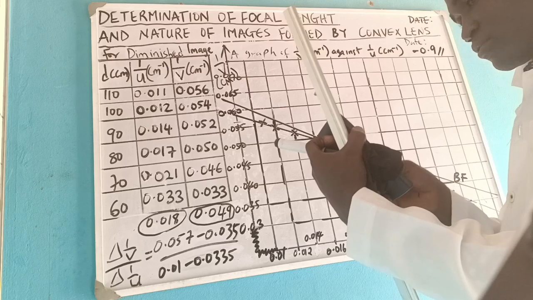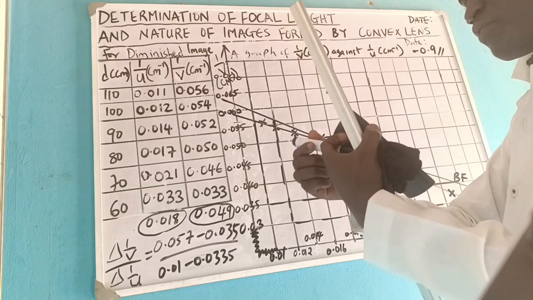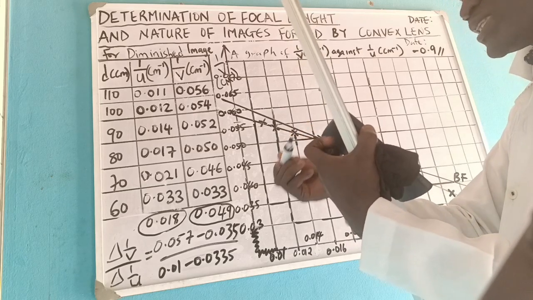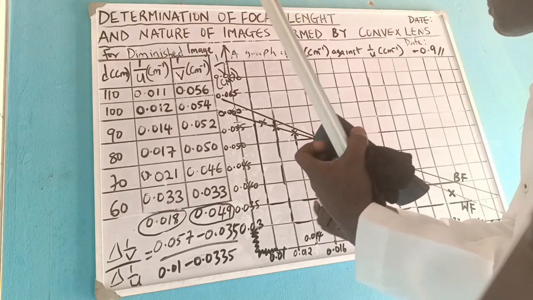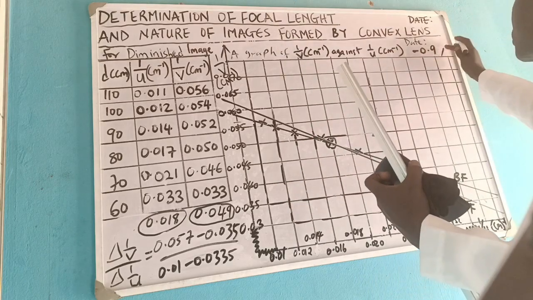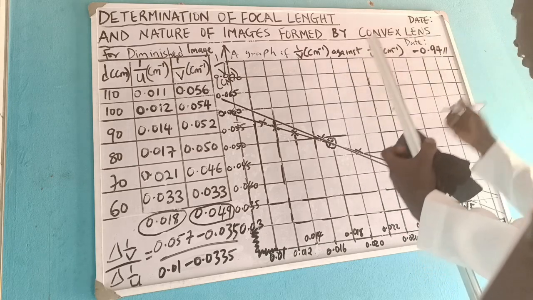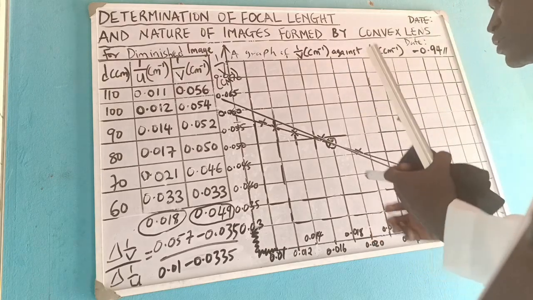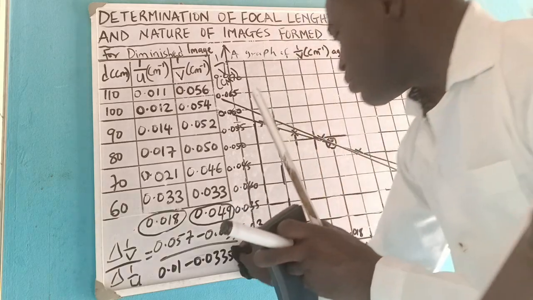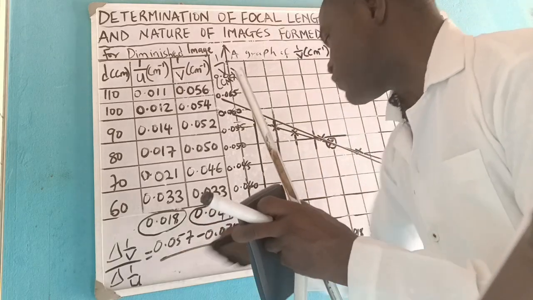That will be giving you approximately minus 0.94. So what we got there is minus 0.94. Okay, please note that. Then we go back to the slope for line of worst fit.